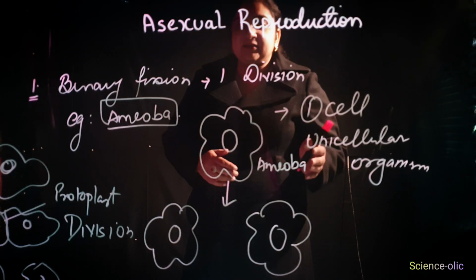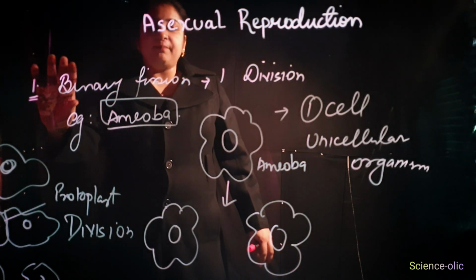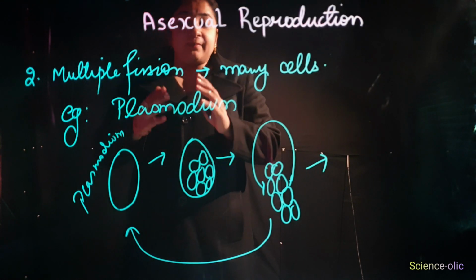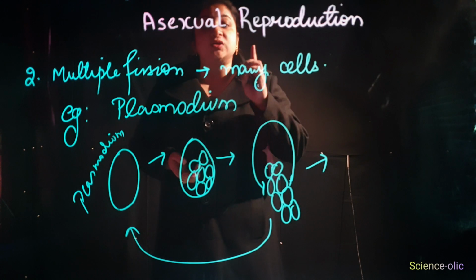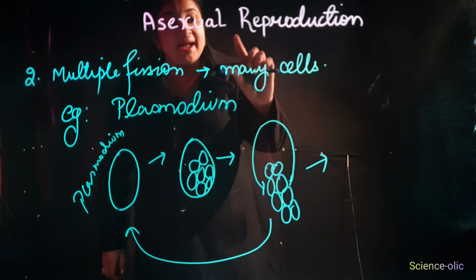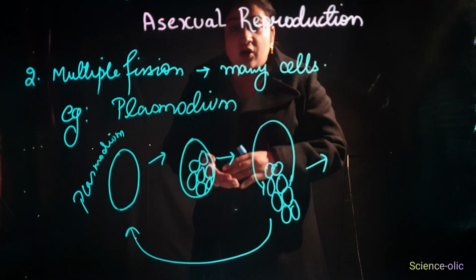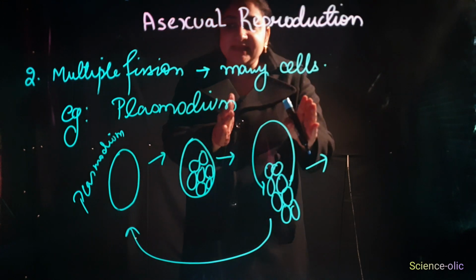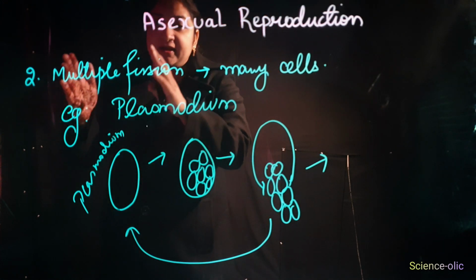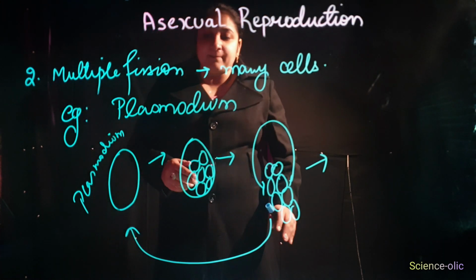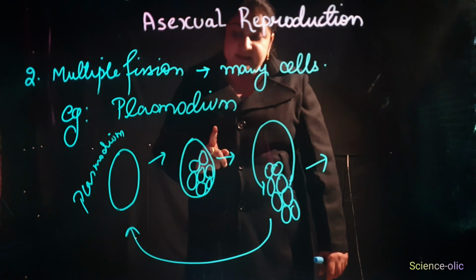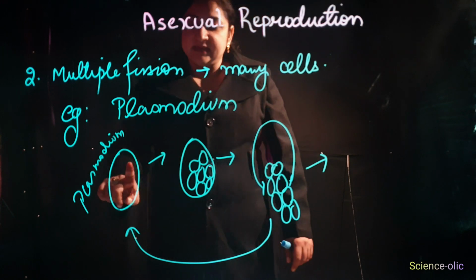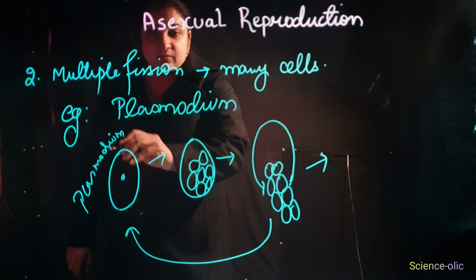Next, we are studying about multiple fission. Multiple fission is division of a unicellular or single cell into many cells. For example, plasmodium is a unicellular organism, one cell. This is plasmodium.